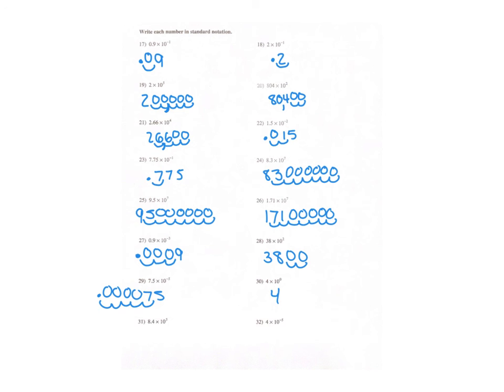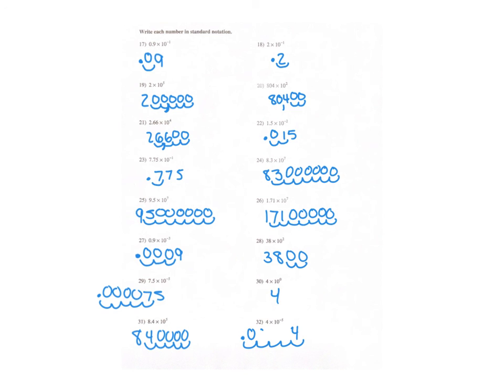This is not moving it at all, so it's just 4. 31 is moving it over 5 spaces in the positive. 1, 2, 3, 4, 5. And then last but not least, you're going to move it over 5 spaces in the negative. 1, 2, 3, 4, 5.